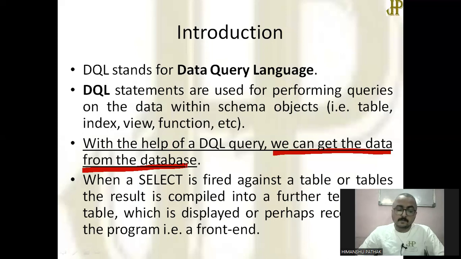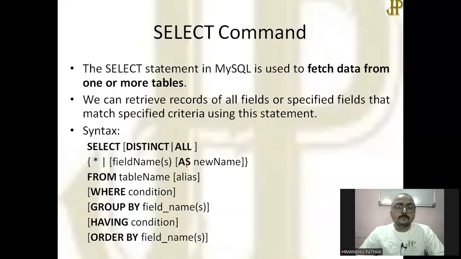Clear? Now, there's only one command in DQL, that is select, and the select command is used to fetch data from one or more tables. And the syntax is quite simple, like this. Select. Now you have to apply distinct or all.